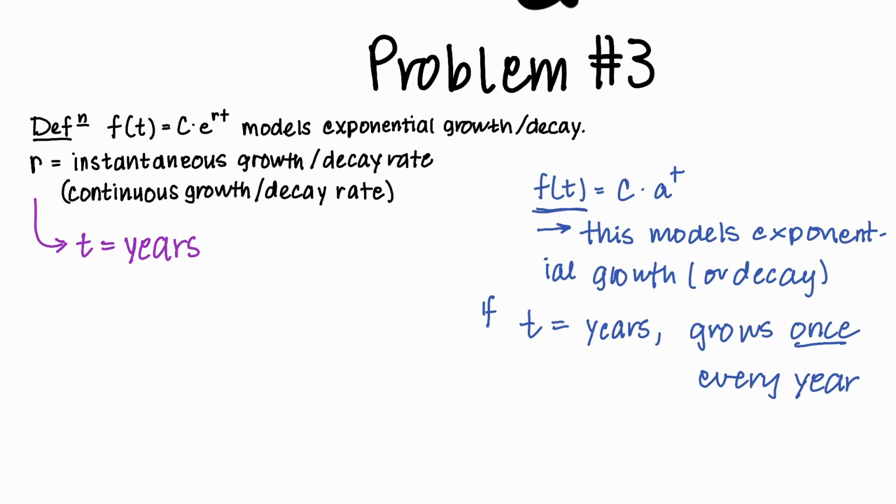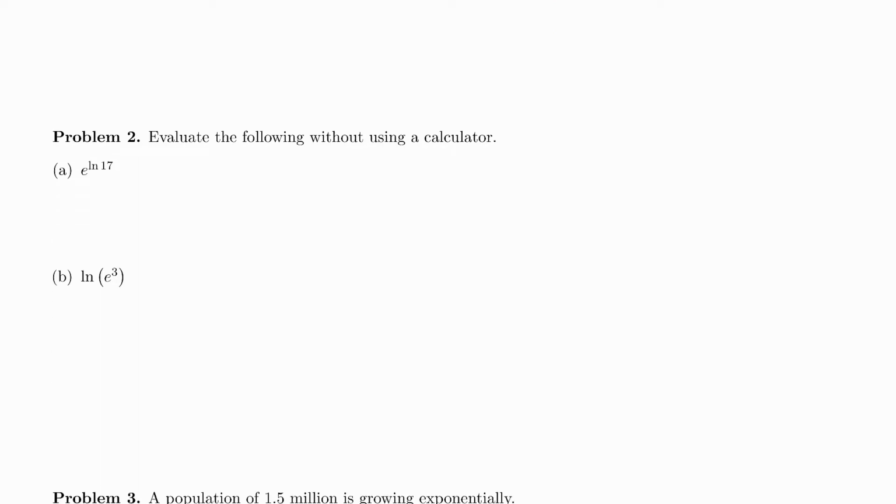I am continuously growing. So in problem 3, I think we'll see a better example of this, because what I've just said is a little bit nonsense without having an actual problem to look at.